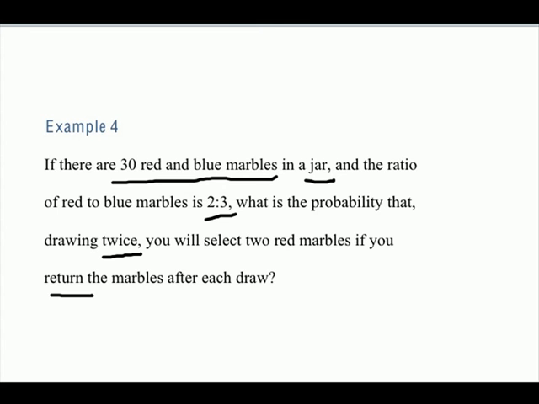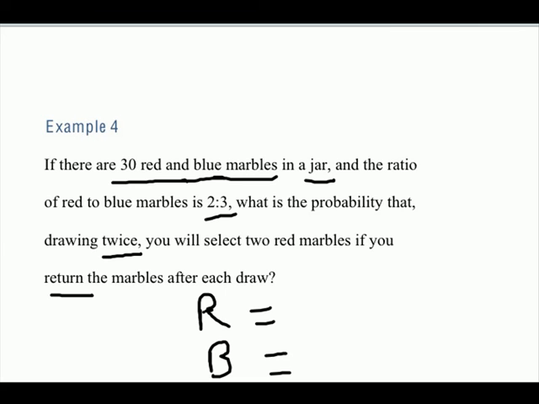So the first thing to determine is that there are 30 red and blue marbles and they are in the ratio 2 by 3. So we need to find out how many red marbles are there and how many blue marbles are there.